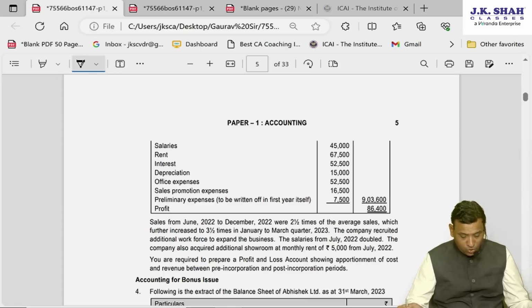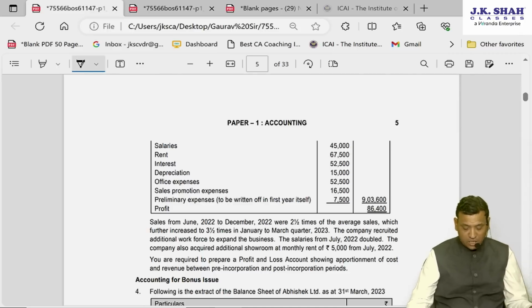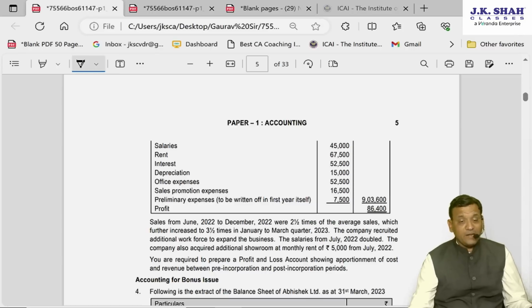The company recruited additional force to expand the business. The salaries from July 2022 doubled. The company also acquired additional showroom at a monthly rent of 5,000 from July 2022. You are required to prepare profit and loss account showing apportionment of cost and revenue between pre-incorporation and post-incorporation periods.